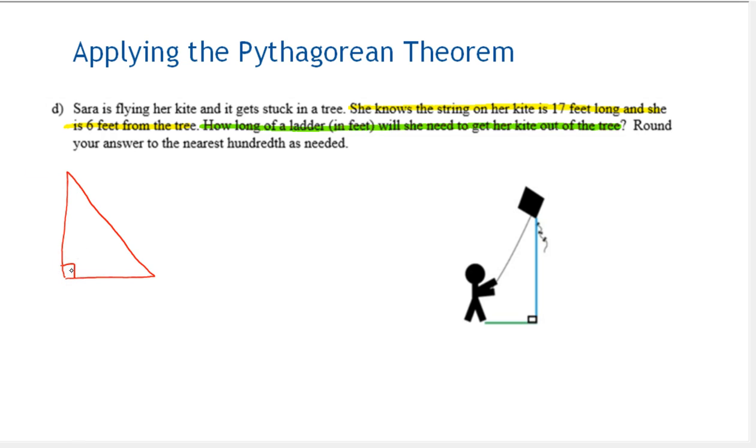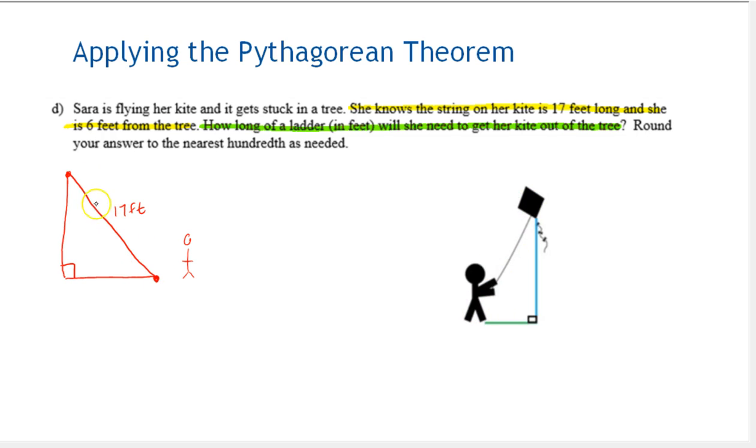Okay. So she knows the string on her kite is 17 feet. So lining up here, this is where she's standing. So this distance from here to here would be the kite string. Okay. And I wanted to redraw this because here it looks like she's holding it high in the air, so this would be a longer distance.